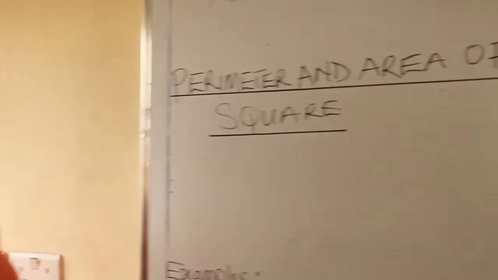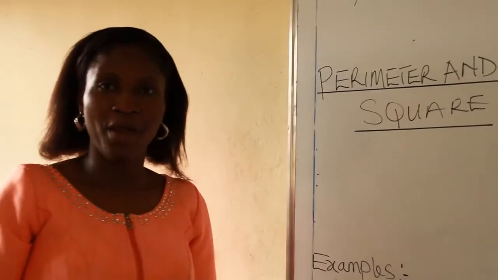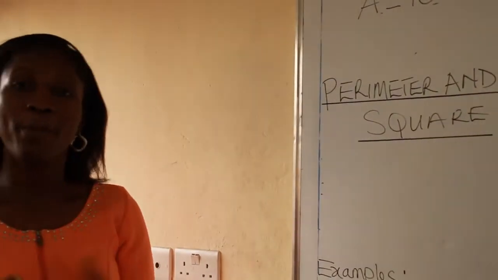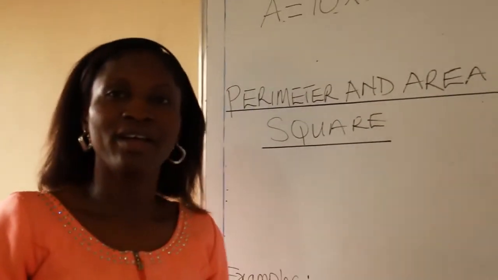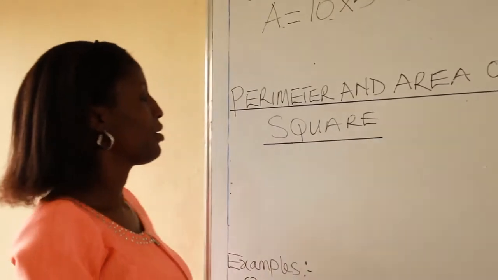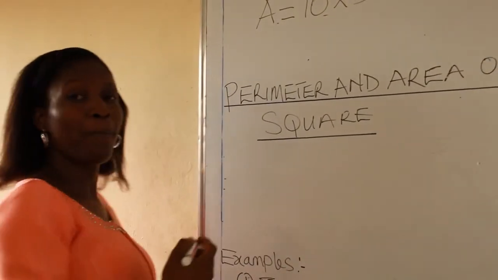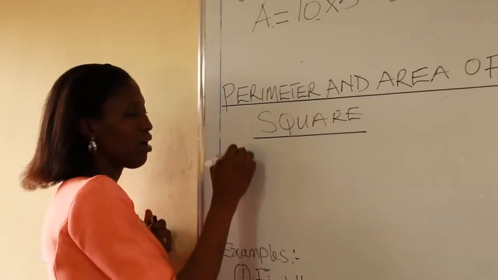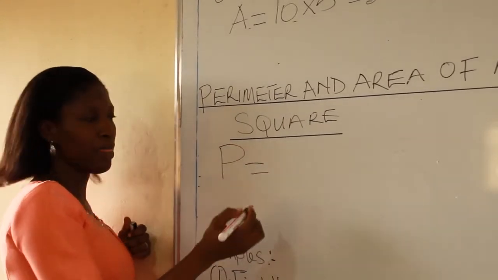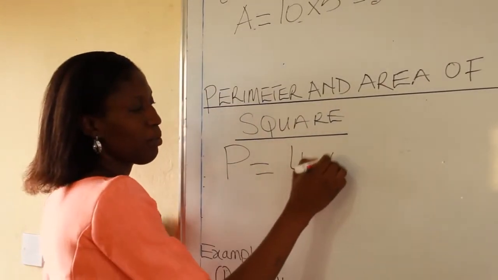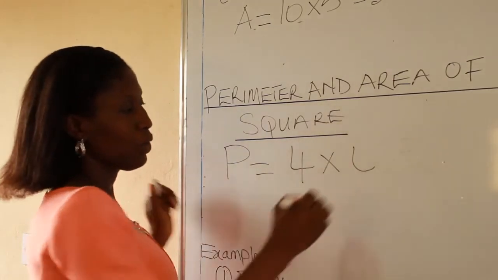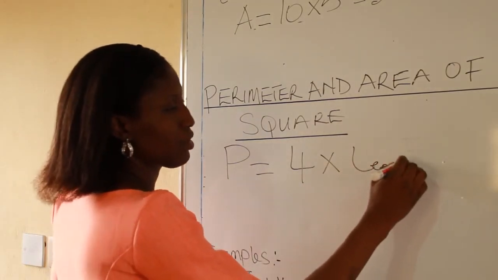Now we will be looking at the perimeter and area of a square. The perimeter of a square equals 4 multiplied by L, which is the length.